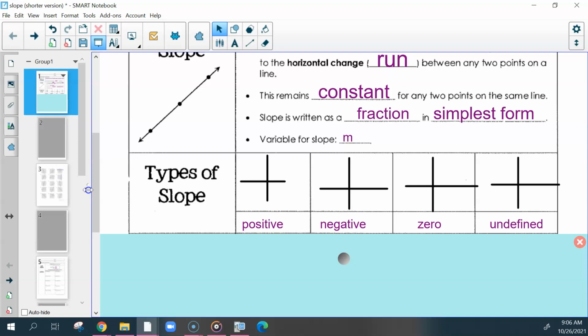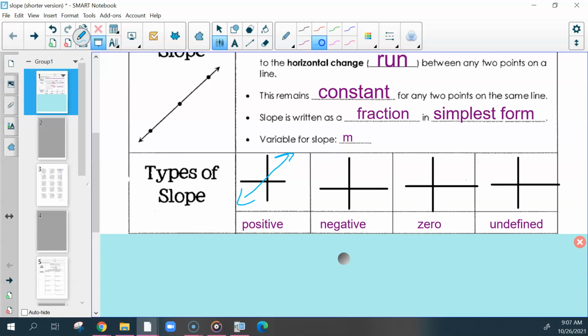So there are 4 different types of slope: positive, negative, zero, and undefined. These are all of your different slopes that you may see. If you have a positive slope, looking left to right, it's going to go in this direction. With positive slopes, you have to think of positive directions. Up and right are positive. Down and left are negative.